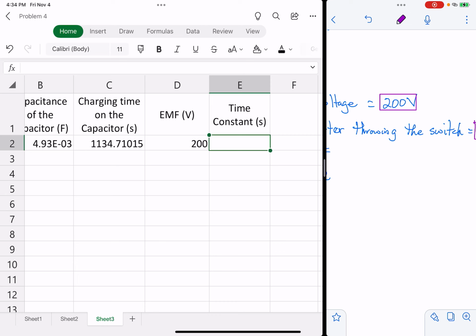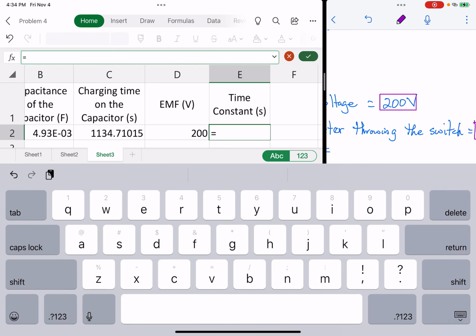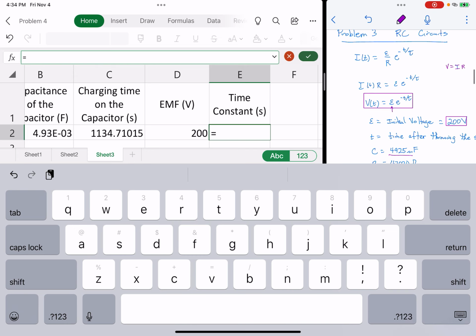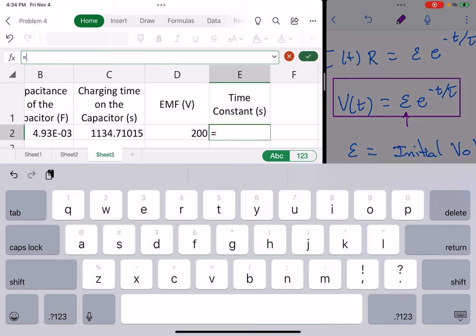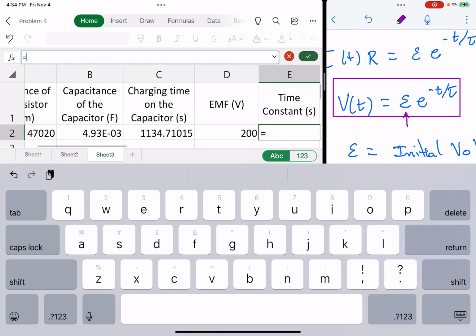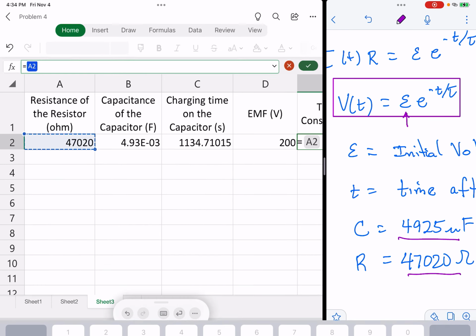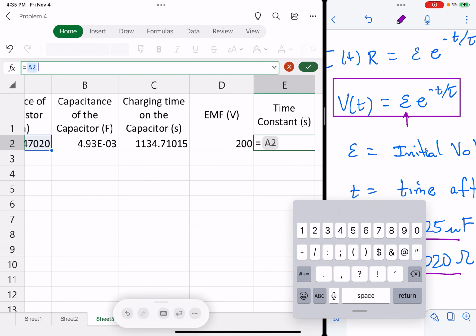The first thing that I want to do is calculate the time constant, because we will use that, if you remember. The time constant is in this voltage equation. It's the tau. It's just going to be R times C, so my resistance times my capacitance.